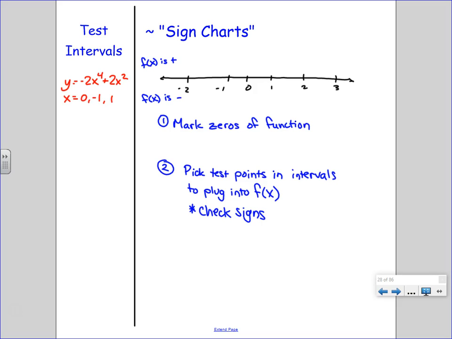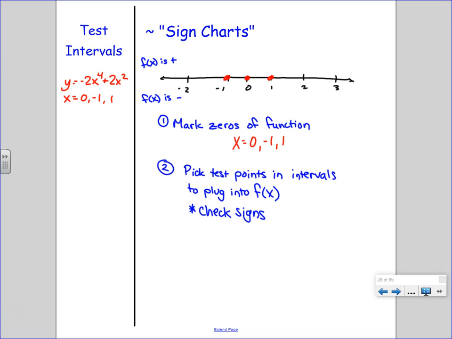We take those zeros and we mark them on the number line. So we take x equals 0, negative 1, positive 1. And we say, hey, this function can only pass from above to below or below to above at these 3 points. So we're narrowing in our graph and saying, hey, there's a lot going on right here.